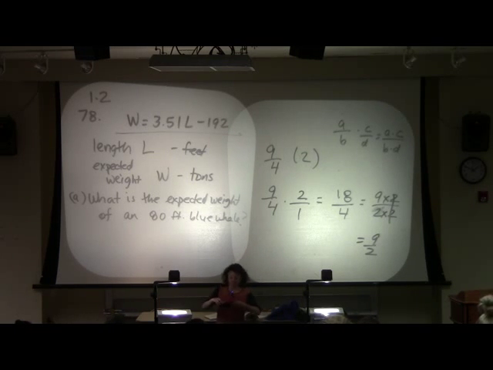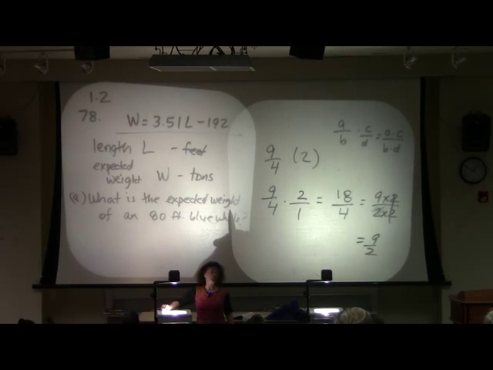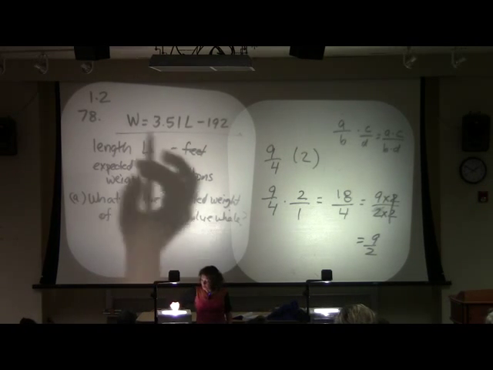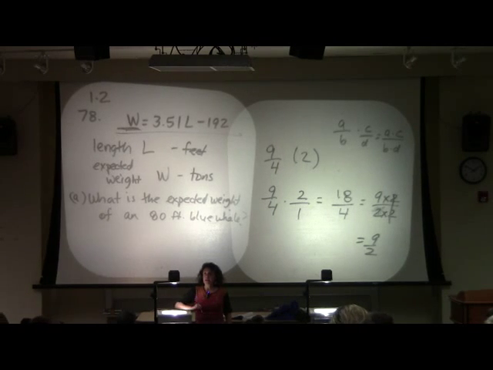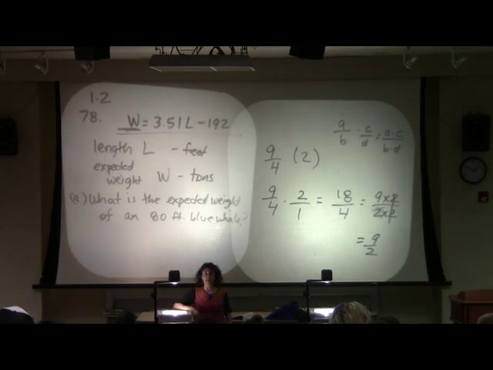All right. Are you guys ready? What are we looking for? We're looking for the expected weight, aren't we? We're looking for W. If we're looking for W, do y'all agree we better be given L? And are we? Yes.